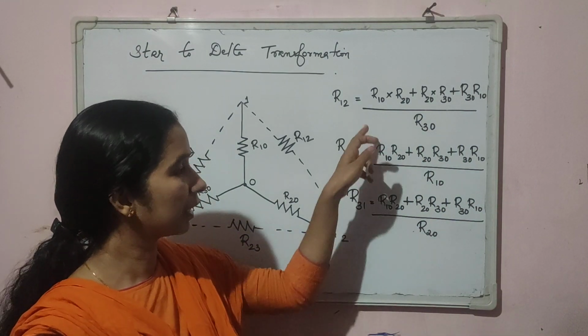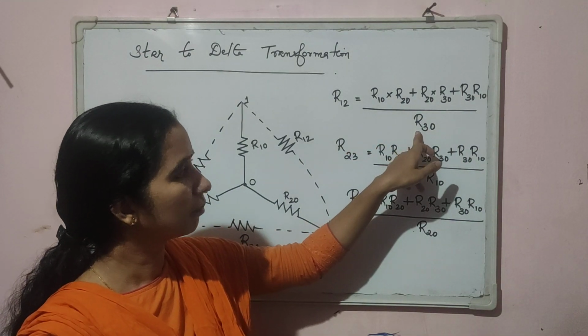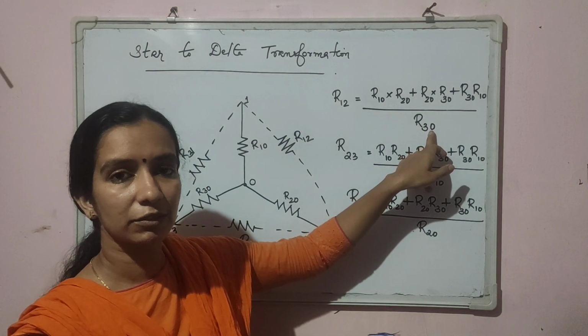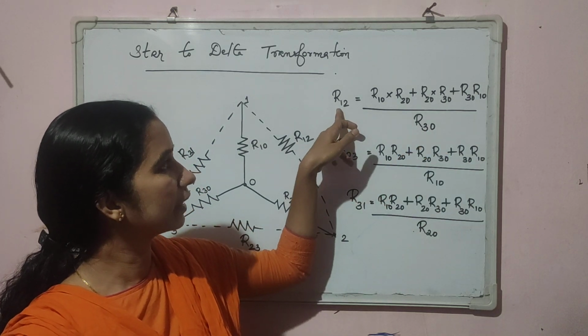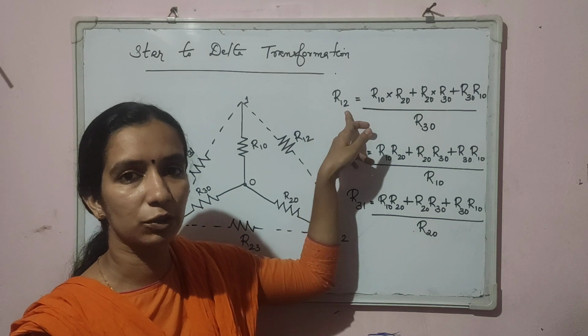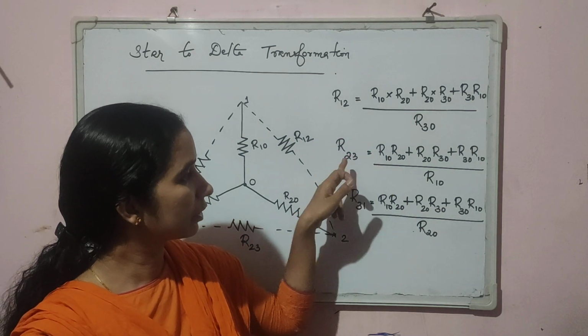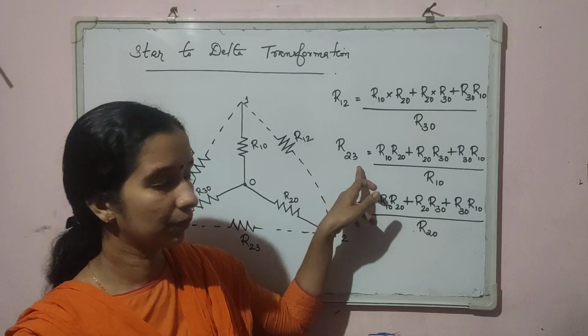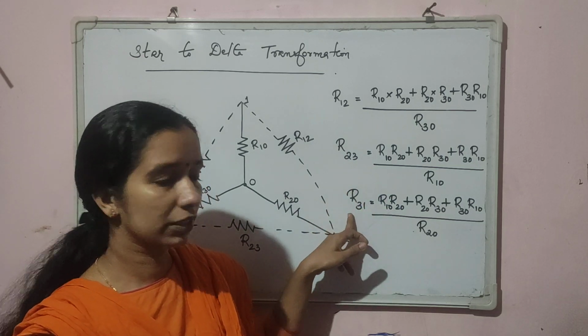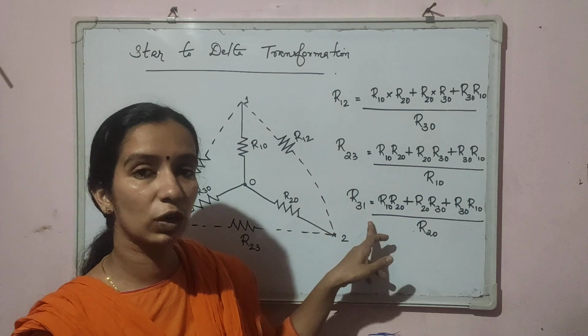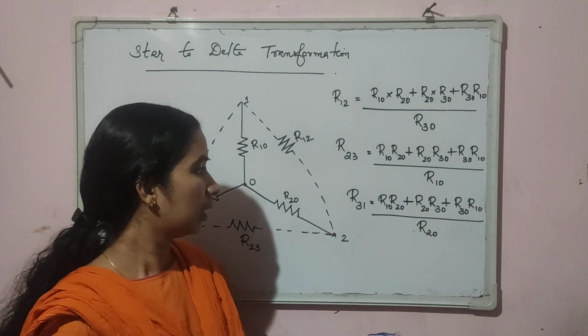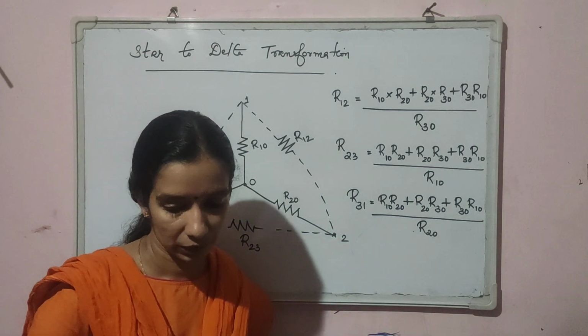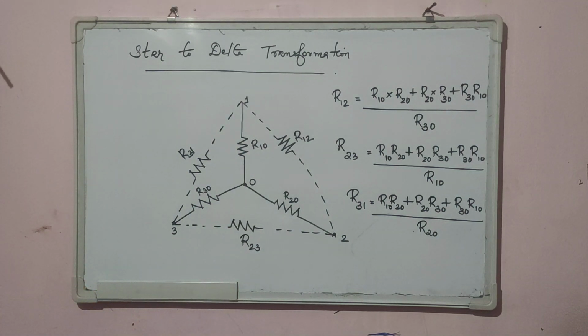And we have to divide each term by that resistor which is not connected to either 1 or 2 in case of R12, and that resistor which is not connected to terminal 2 or 3 in case of R23, and that resistor which is not connected to terminal 3 or 1 in case of R31. So by using these equations we can transform a star connected system into a delta connected system.